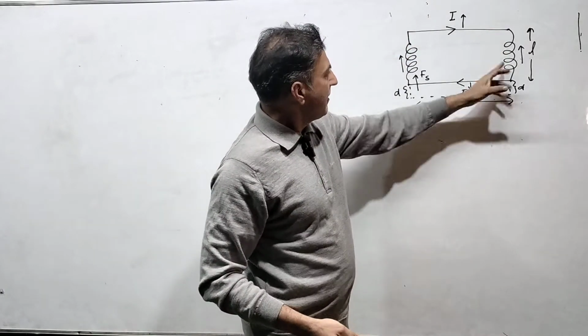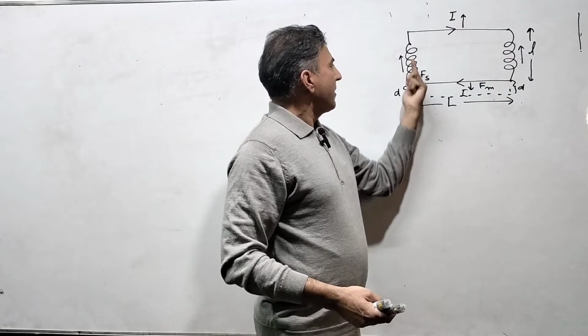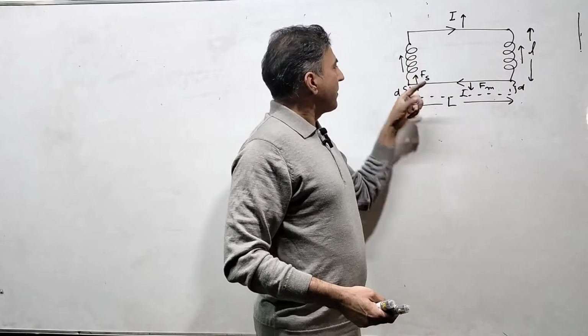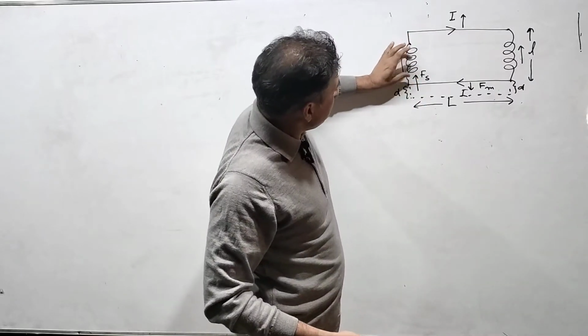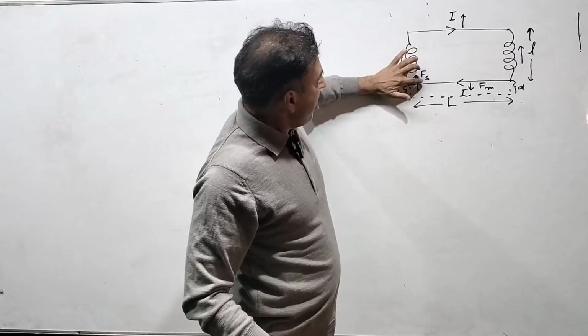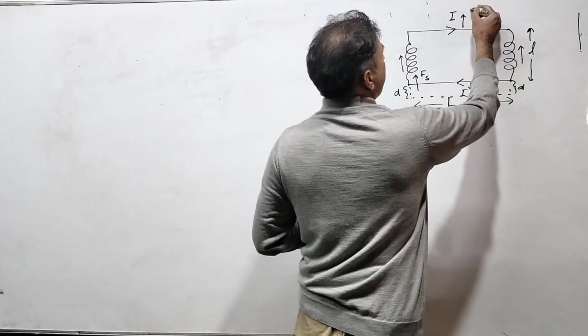This will also extend by distance D, and because of this there will be a restoring force, the upward force, that will try to bring the spring back to its original shape, that is Fs. This is Fm, repulsive force.